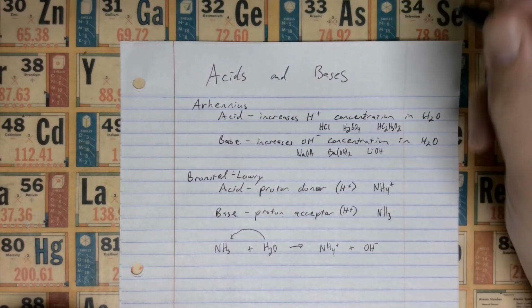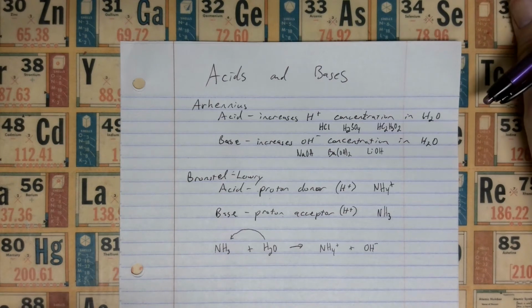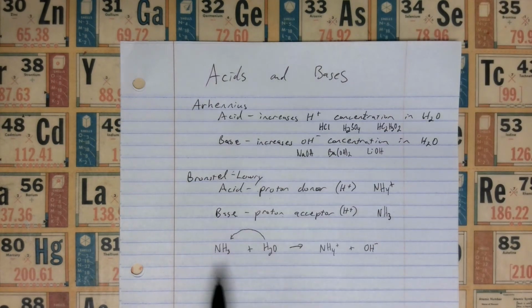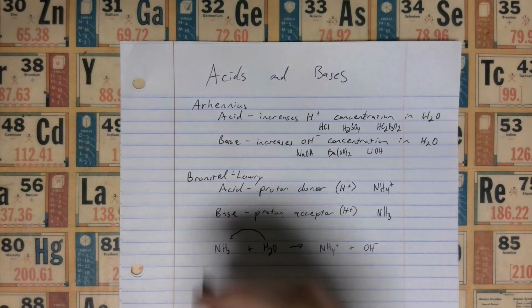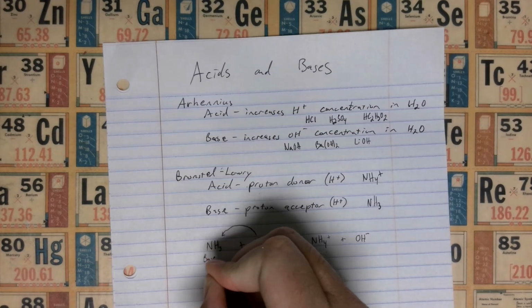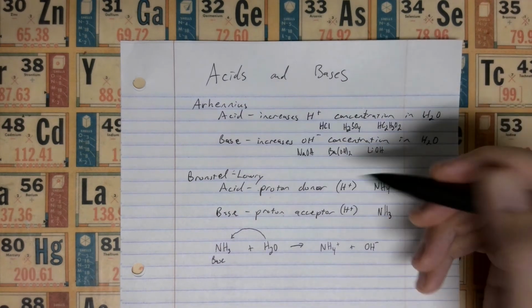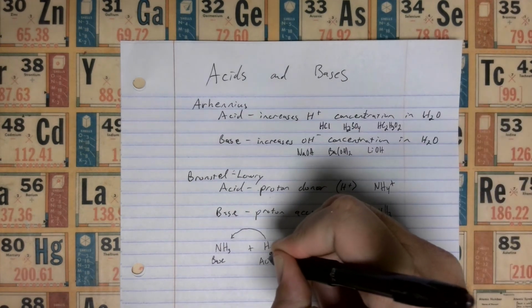So how do we label this? What happened to NH3? It accepted a proton, so that would be our base. And water, in this case, donated a proton, so that would be considered our acid.